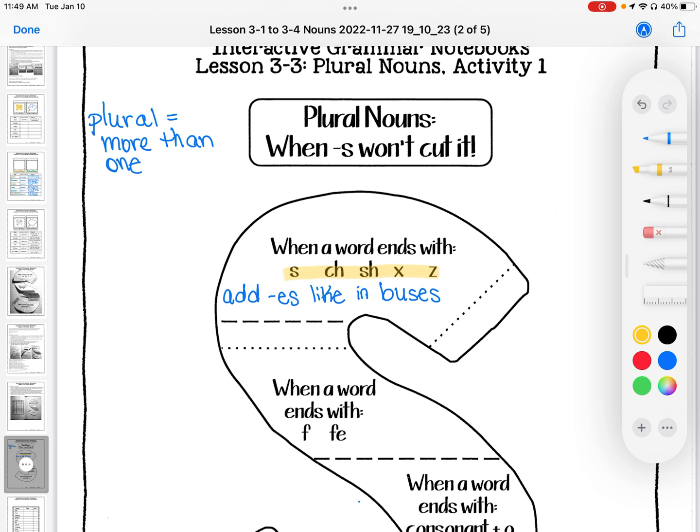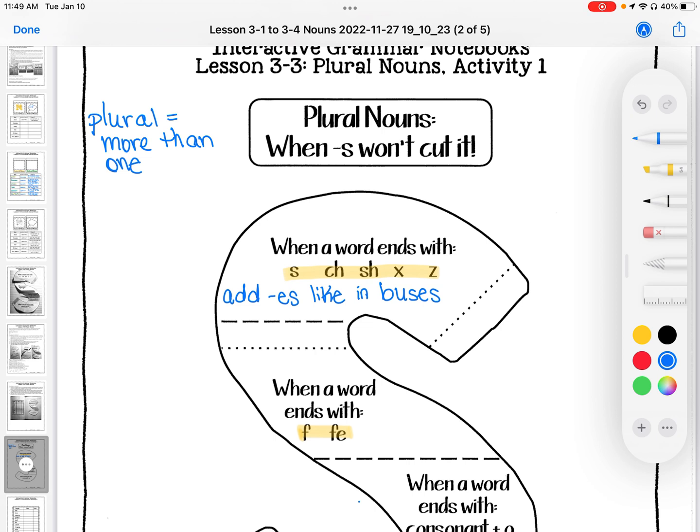When the word ends in F or FE, you're going to change the F to a V and add ES, like in knives.